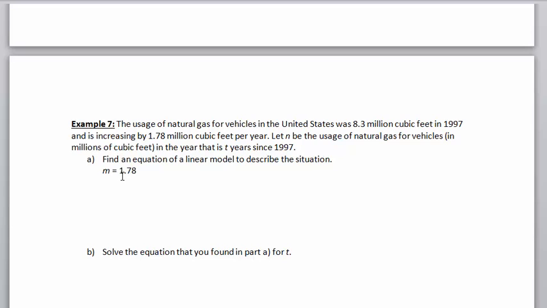I also know that I have the ordered pair corresponding with 8.3 million cubic feet in 1997. 1997 is 0 years since 1997. That's going to give me the ordered pair (0, 8.3). Since I have a 0 as the x value, this ordered pair is my y-intercept, which means that my b value is 8.3.